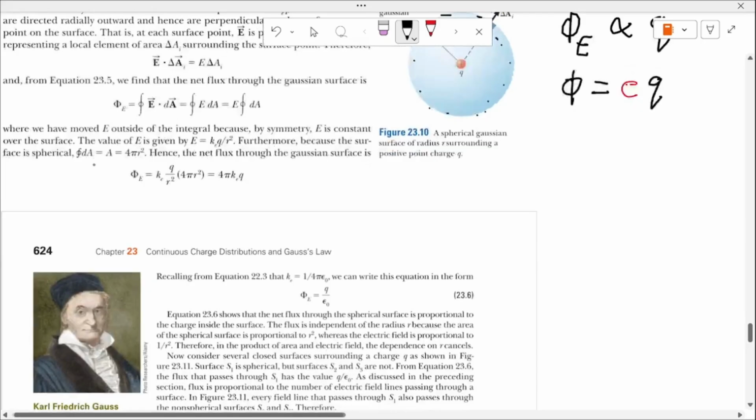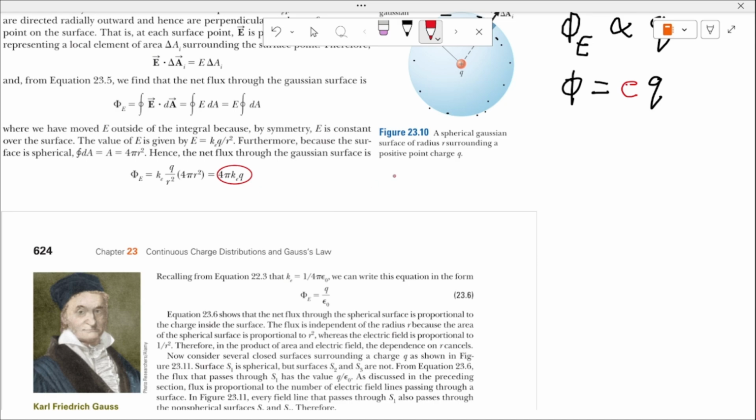So plugging in our expression for an electric field due to a point charge, and the surface area of the sphere, we find that the dependency on distance cancels out, because the electric field falls off with r squared and the area increases with r squared. And hence, the electric flux through any closed surface is always equal to 4 pi k times q, the charge inside.